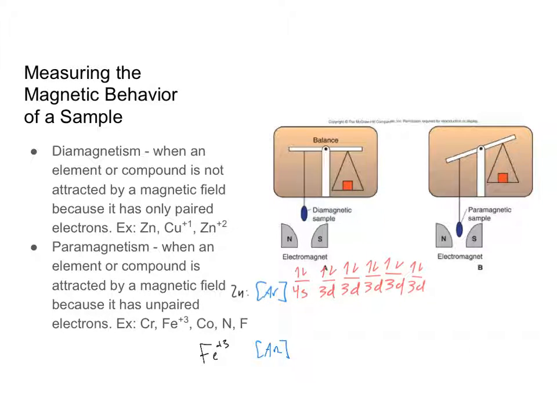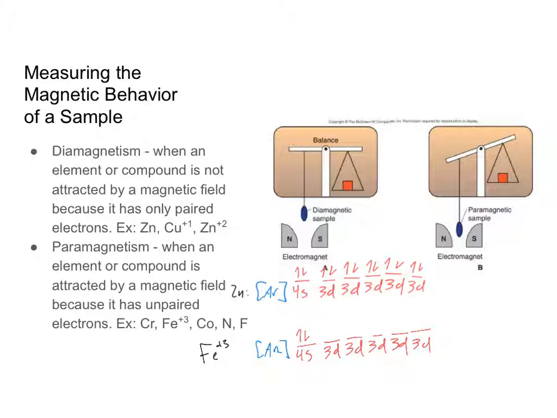That'll be important in a second. When I write its electron configuration, it's 4s2, arrow up, arrow down, and then it has 6 electrons in its d orbitals.